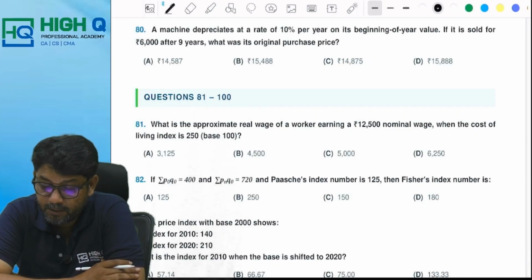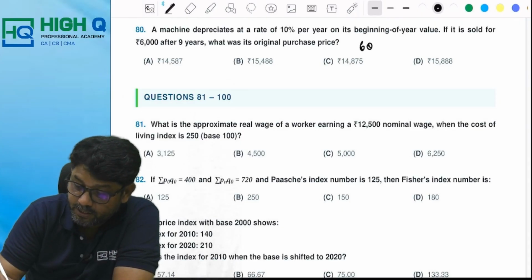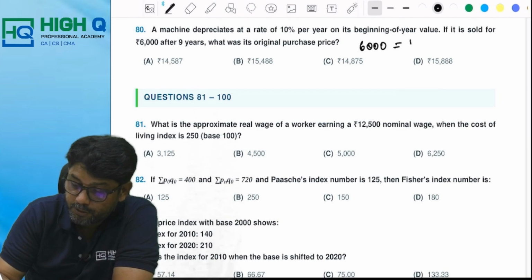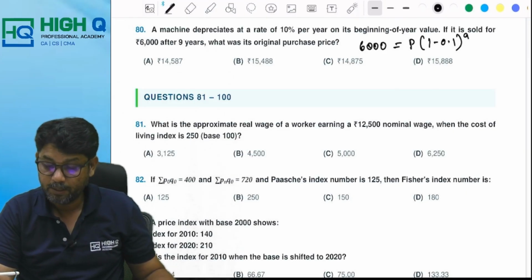Now, a machine depreciates at the rate of 10% per year on its beginning of the year value. If it is sold for 6,000 after 9 years, what was its original purchase price? See, scrap value is 6,000. So P into (1 minus 0.1) whole power 9.